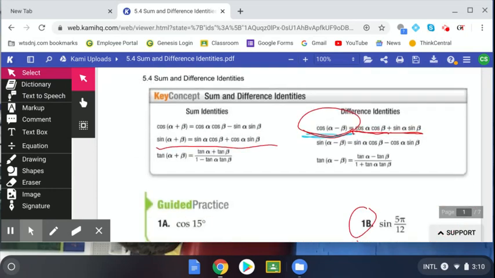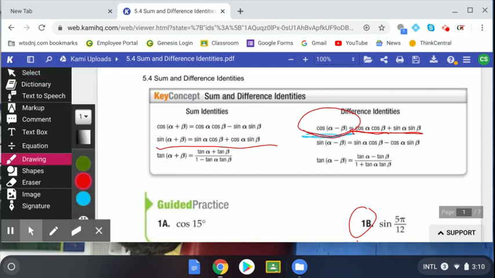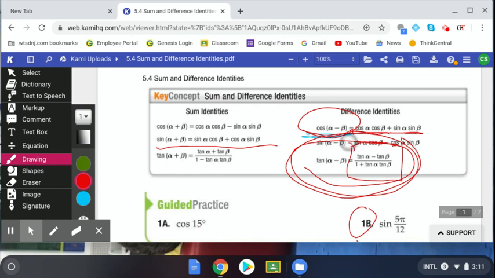In this case, I have a minus in between. So it appears to be this. So my problem looks like this, in this form. So I have to change to tangent of the first minus the second.